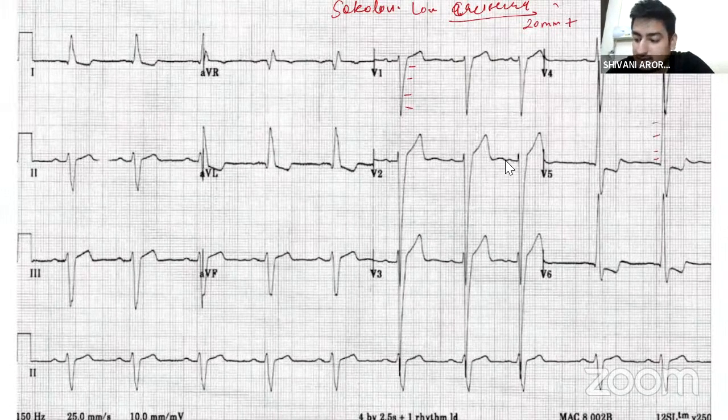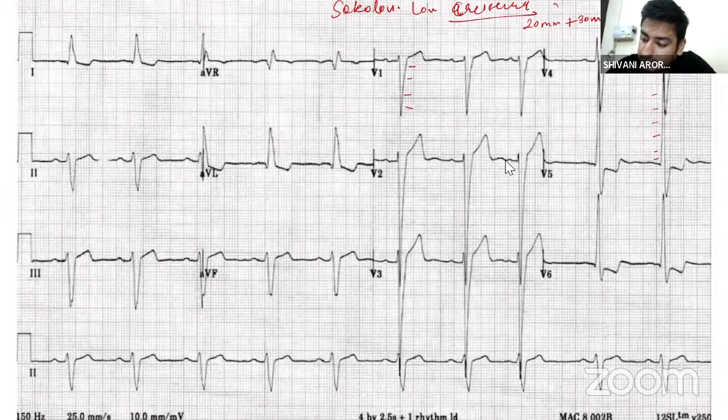It is satisfying this criteria. The second component of the Sokolow criteria is AVL. The R in AVL should be equal to or more than 11 mm. So the R wave here is 15 mm. So it is satisfying both components of the Sokolow criteria.